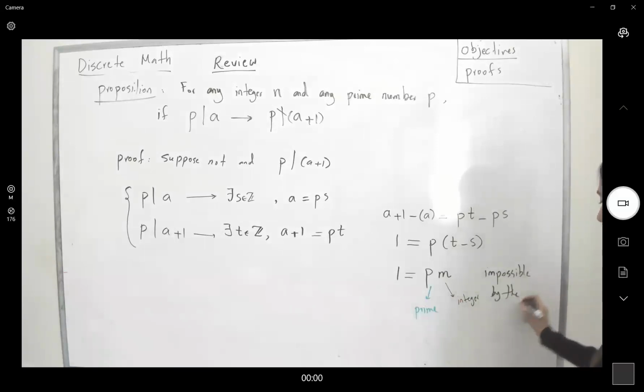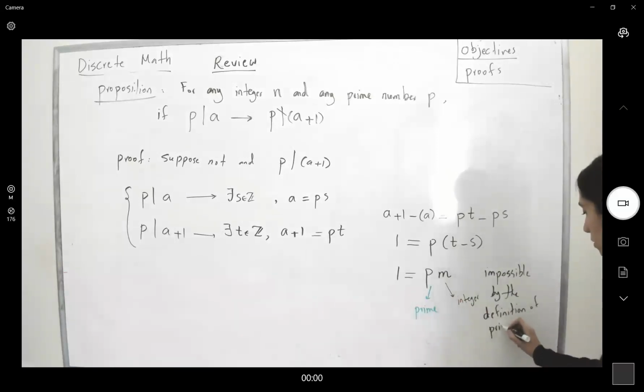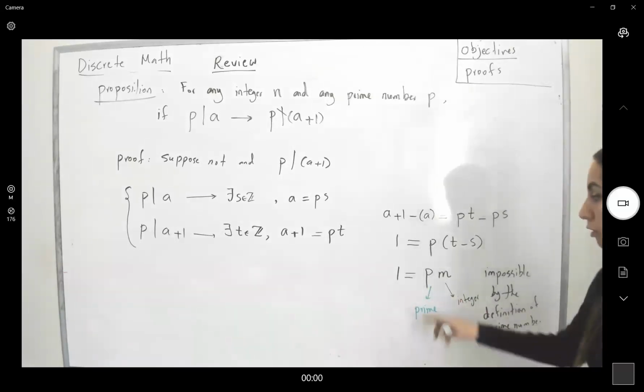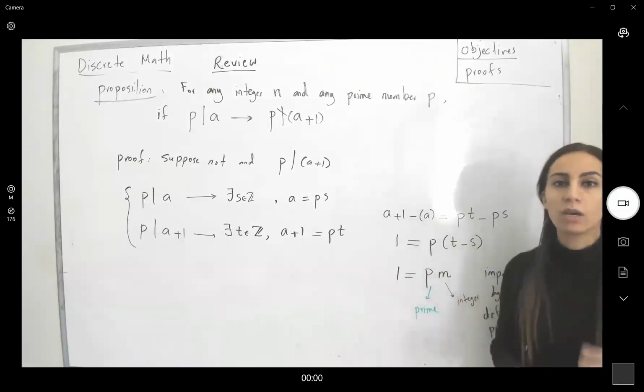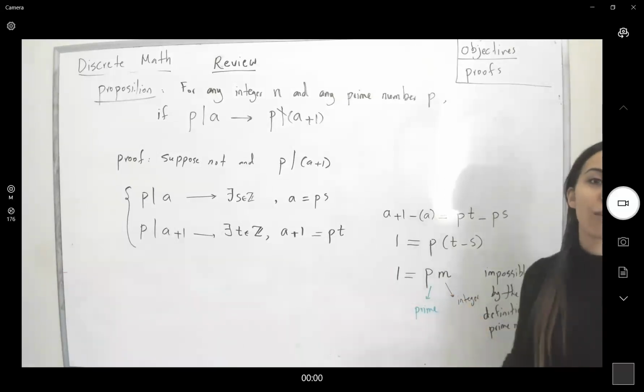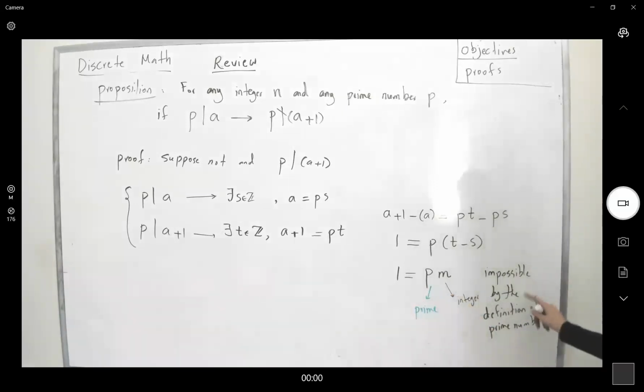Impossible by the definition of prime number. Remember that the factors of 1 are 1 and negative 1. But this is a prime number. It is greater than 1. So it's impossible by the definition of prime number.